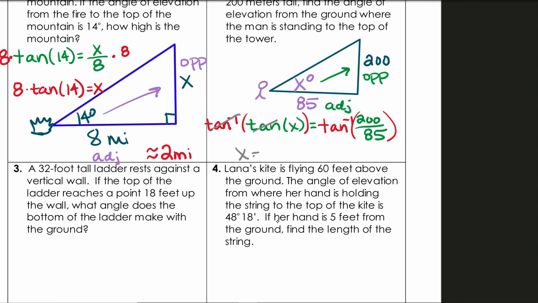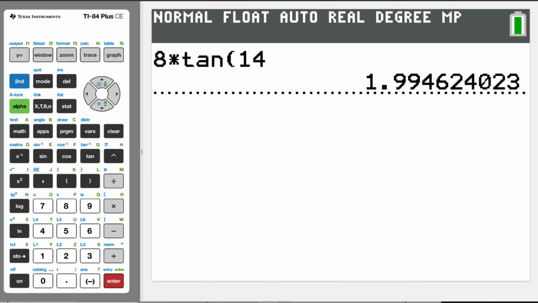So now x will equal the inverse tangent of 200 divided by 85. So I'll do that on my calculator. Again, making sure we're in degrees. Here you see tangent, and then right above it in blue you see inverse tangent. In order to get that, make sure you're hitting the blue key, second, tangent, and we're going to type this ratio in. 200 divided by 80.